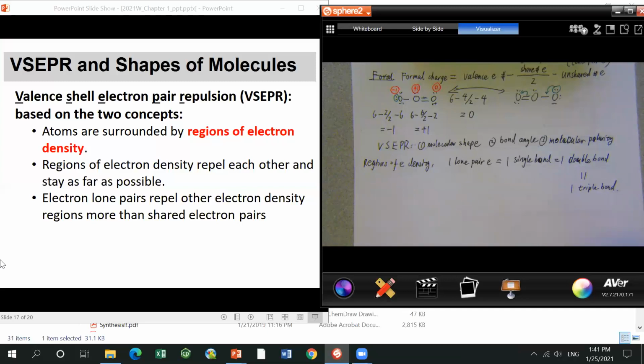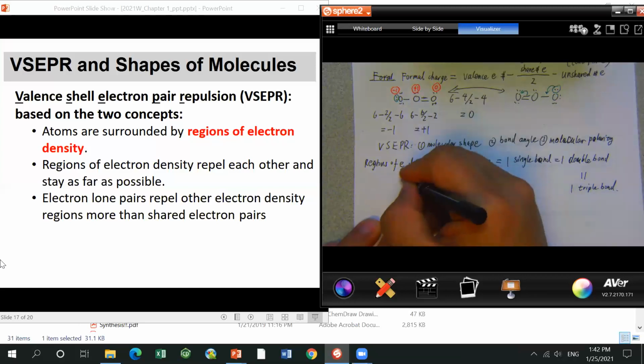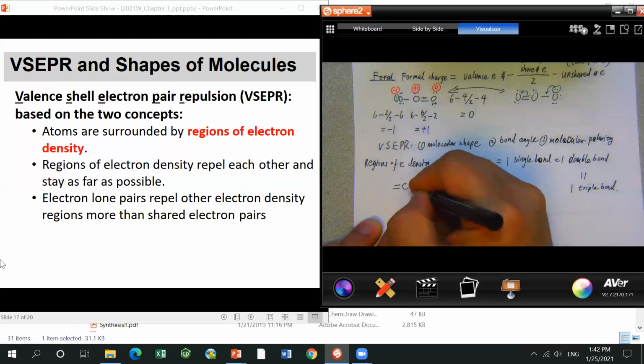Next, the regions of electron density repel each other and try to push away from each other as far as possible. That determines the molecular shape. Let me give you one example: carbon dioxide. We know its Lewis structure is like this.